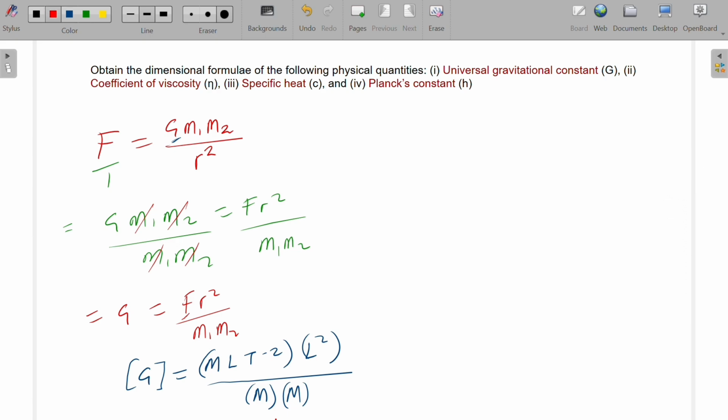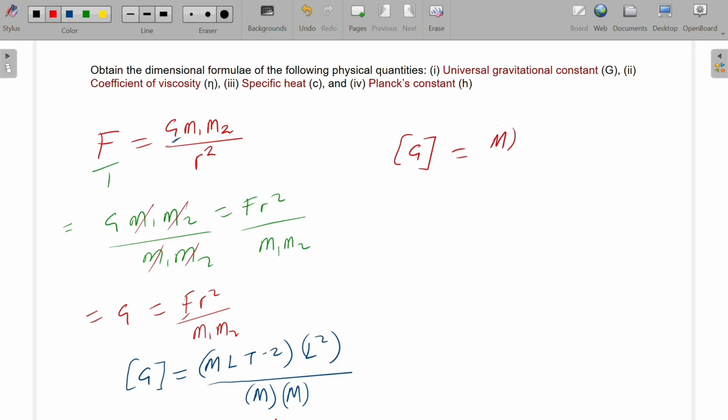All right. So we continue now. What we have here is M LT^-2. Then we also have L to the power of 2 on the other side. So L is common. When we write like terms together here, this can be separated in this format for you to understand very well.